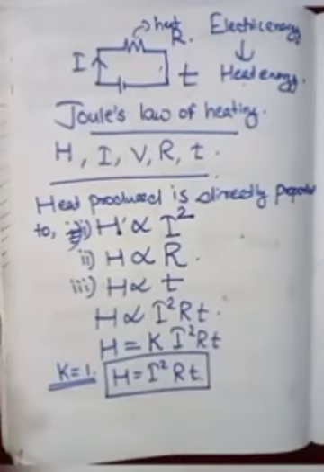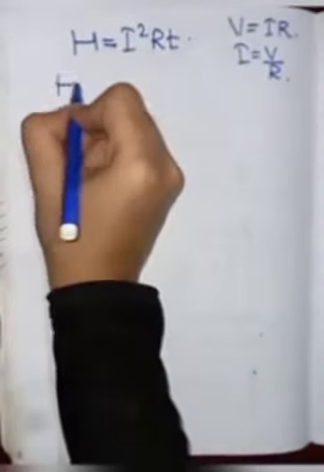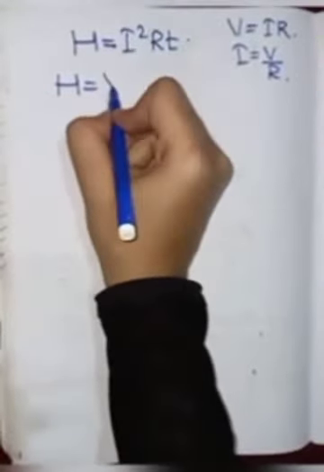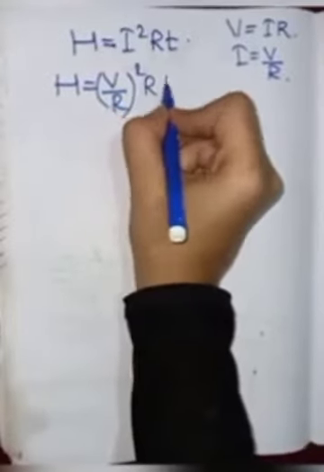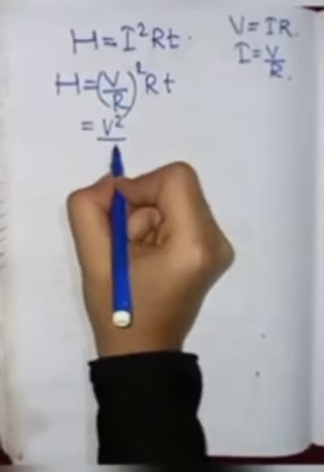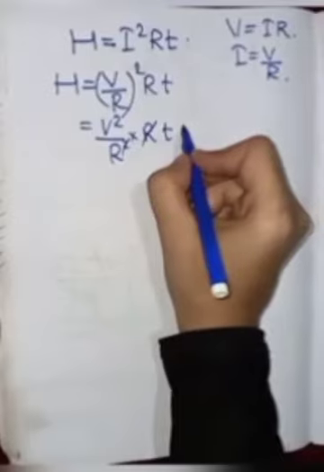This equation can be rewritten. According to Ohm's law, V is equal to I into R, that is, I is equal to V by R. We can substitute this I in this equation: H is equal to (V by R) all square into R into T. It can be written as V square by R square into R into T. That is, R gets cancelled.